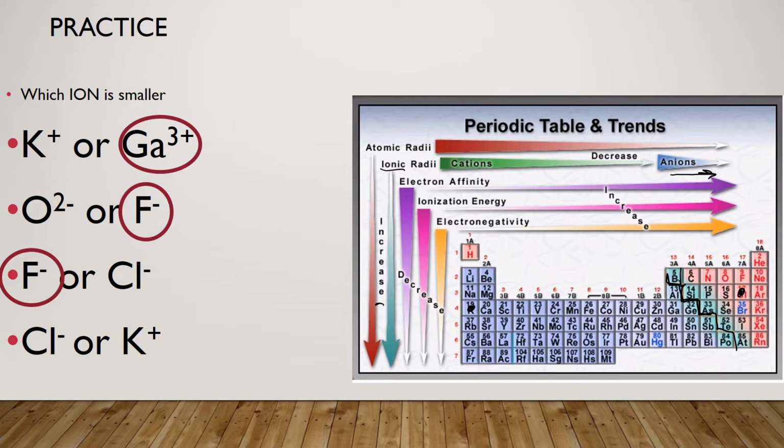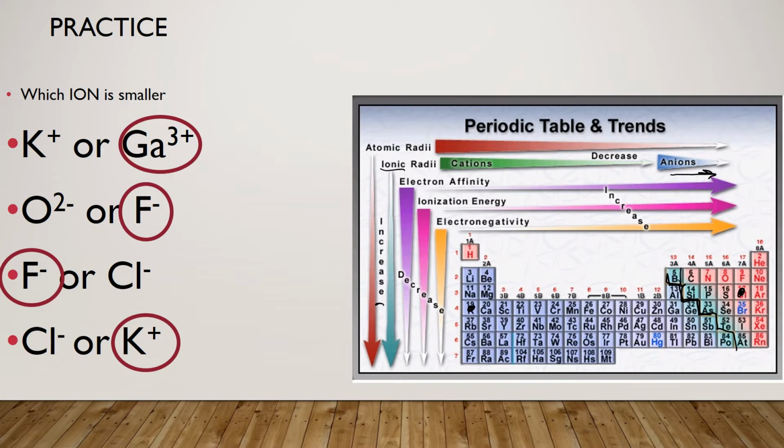The difference between how much bigger the anions get from gaining electrons compared to gaining a row is enough that actually potassium ends up being smaller. Even though potassium has gained a whole row, chlorine is still bigger.